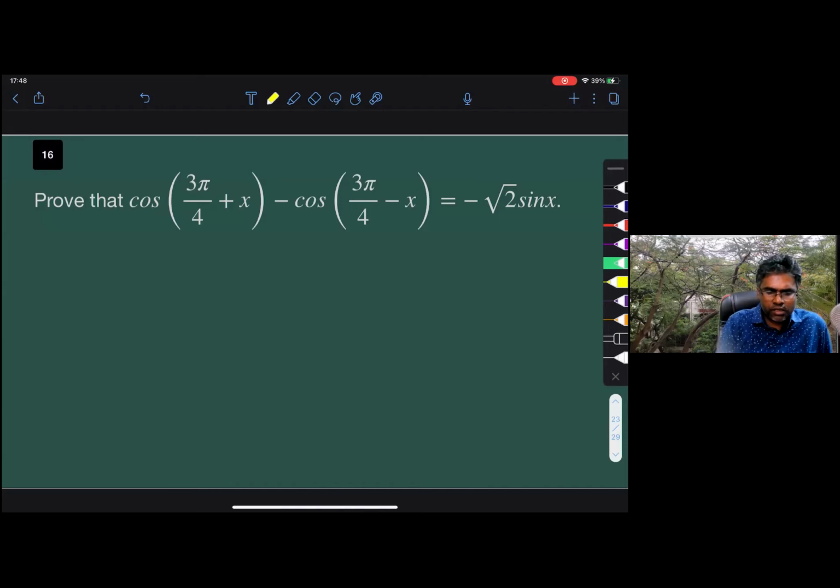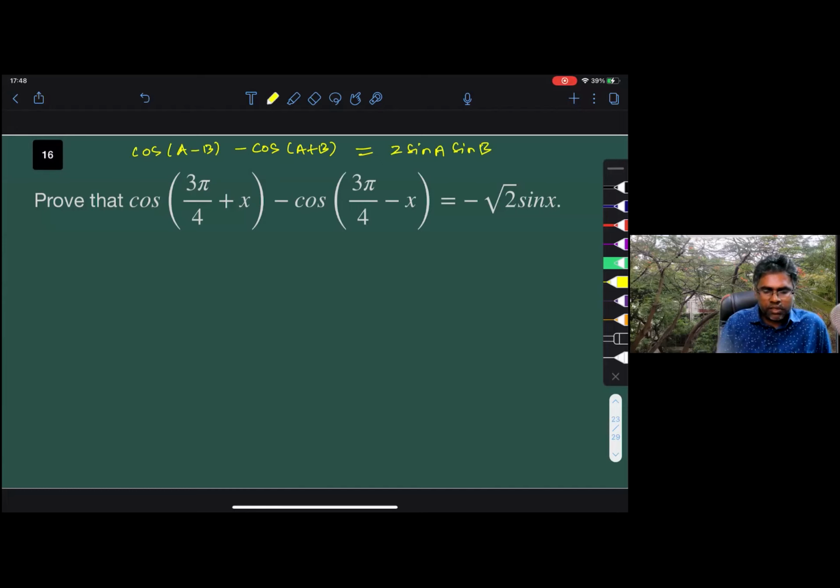I think here, if you recall this identity, cos of A minus B minus cos of A plus B, this will be 2 sine A into sine B. So what are your A's and B's?